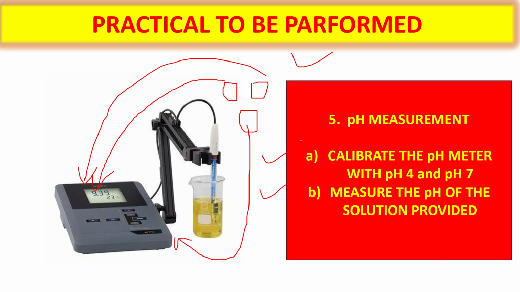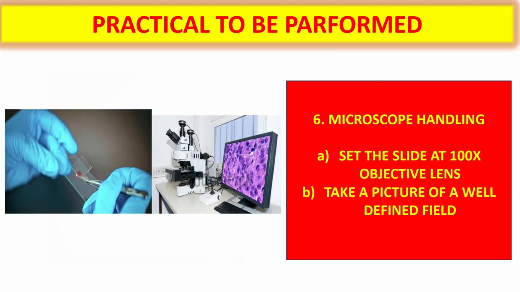in this pH meter. Okay, so move on to the next practical, that is microscope handling. So how you handle the microscope. You have been instructed to set the slide at 100x objective lens and take a picture of a well defined field.